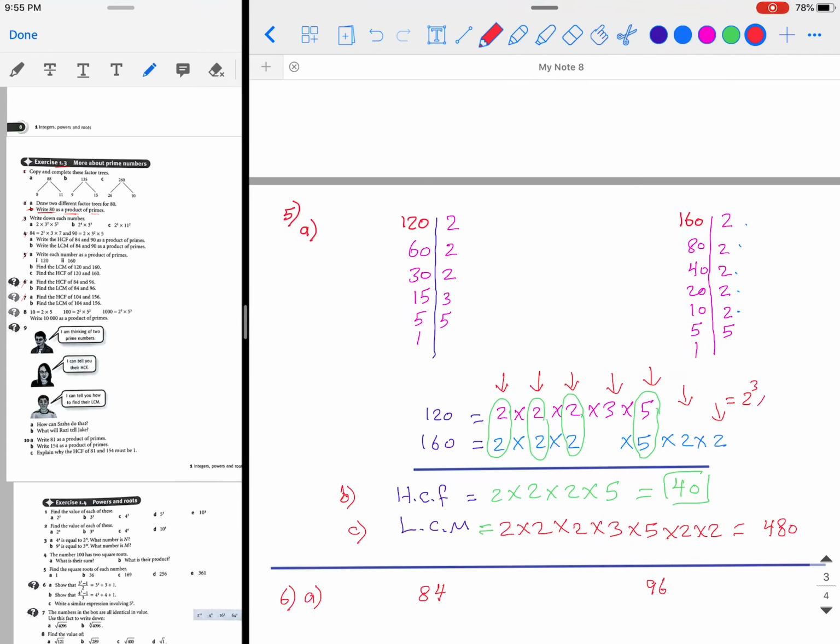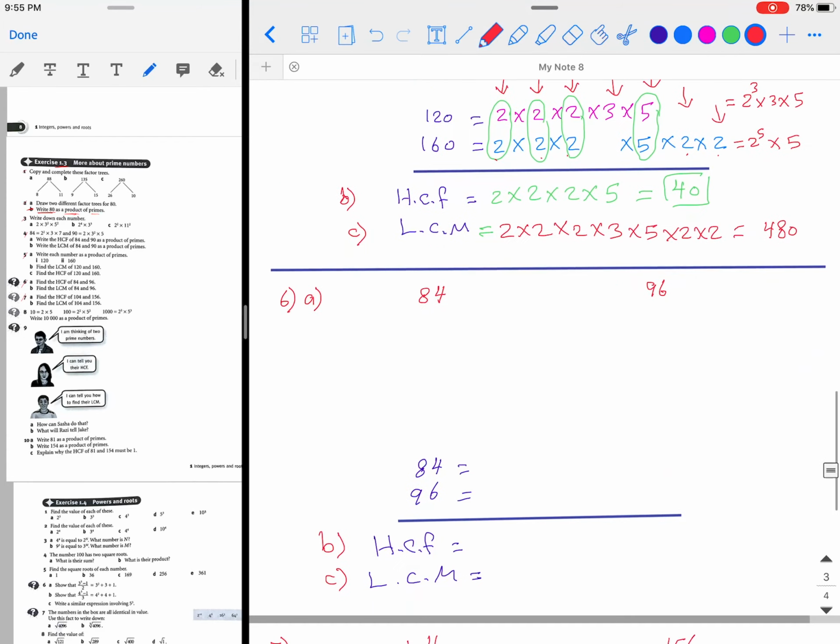You can write it 2 power 3 multiply by 3 multiply by 5. Also, the second one, we have 1, 2, 3, 4, 5, 5 2's, that means 2 power 5 multiply by only 5. That's it. I hope it's clear.